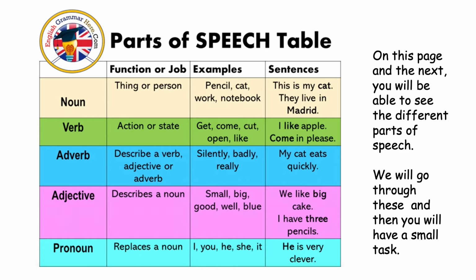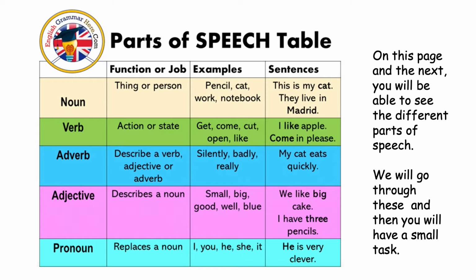Okay, so we all know what a noun is. It's a thing or a person, isn't it? So it's a pencil, a cat, work, notebook. It is Mrs. Platten, Mrs. Lee, Mrs. Begum, Mr. Smith. It's the schoolyard, it's the school, it's the fence.